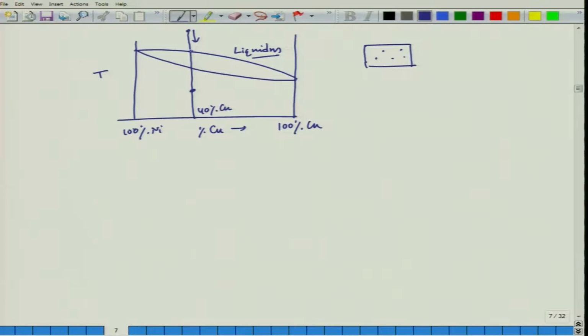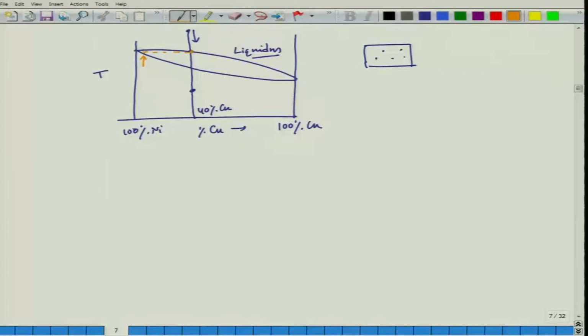Once the first crystal forms, that solid will have composition here, and the liquid composition would remain here, because it is a tiny change. So, the overall composition would not change, or the liquid composition would not change much, but the first tiny crystals would have composition at this point.